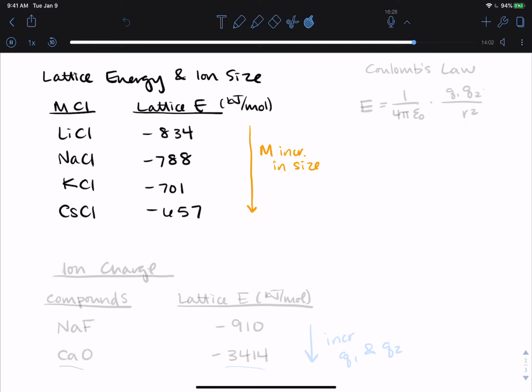Well, part of that, we're going to bring back this equation that you love so dearly, you've probably forgotten about it, Coulomb's law. So the energy of that interaction is 1 over 4 pi epsilon naught Q1 Q2 over R squared.